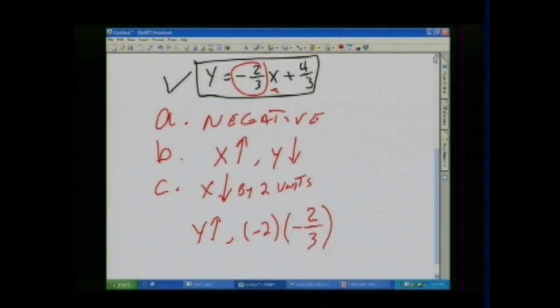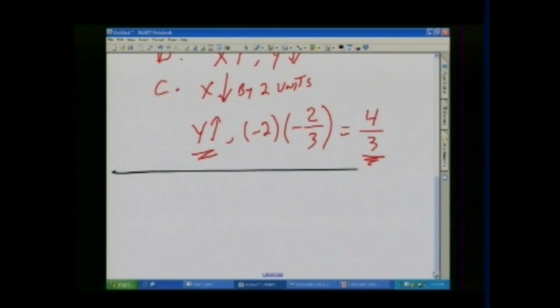So negative 2 times negative 2/3 equal to positive 4/3. So y will go up by 4/3. That's a positive change. That is the first problem.